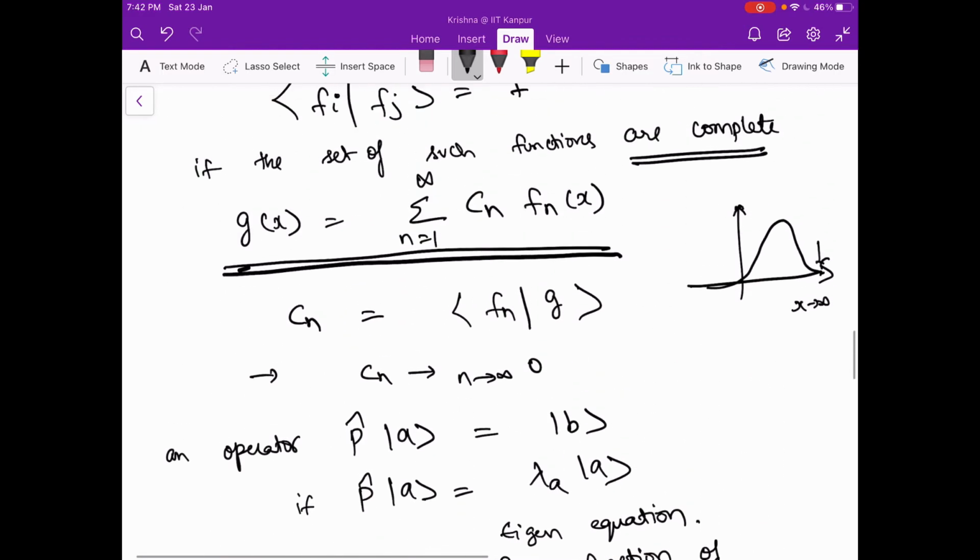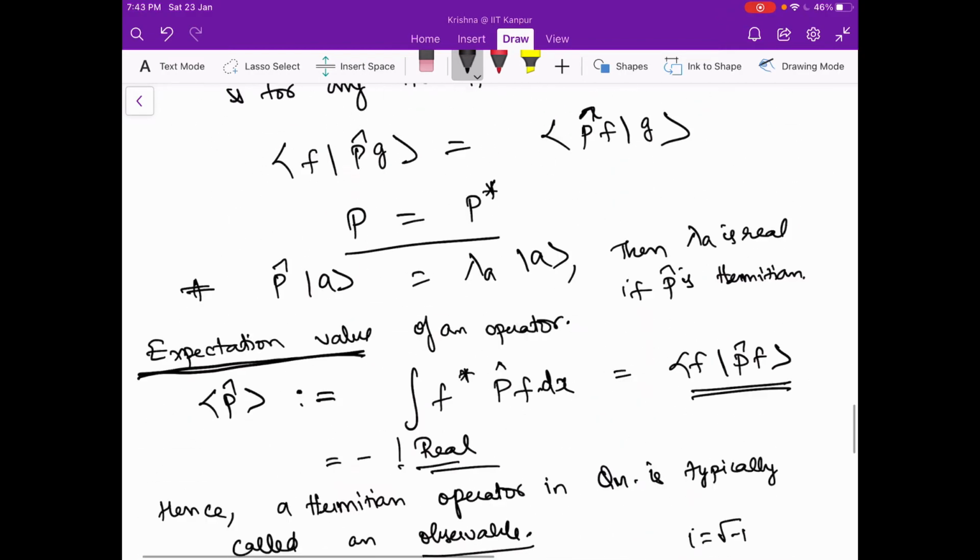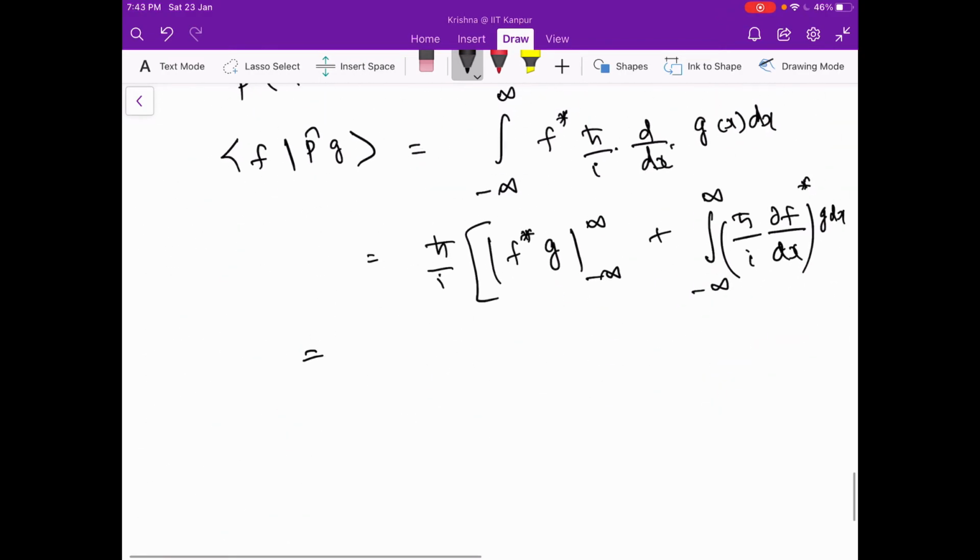All these coefficients, all these cn's should go to 0. If all the cn's go to 0, any of these functions will go to 0 at infinity. So f and g independently go to 0, then their product will also go to 0. So the first term will automatically go to 0.